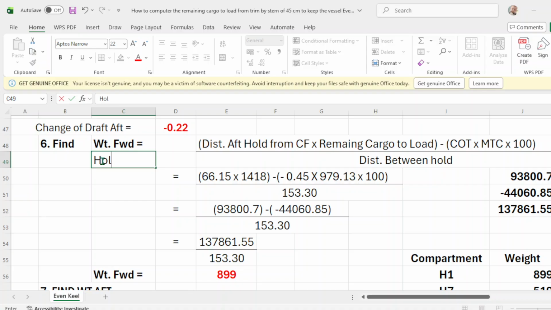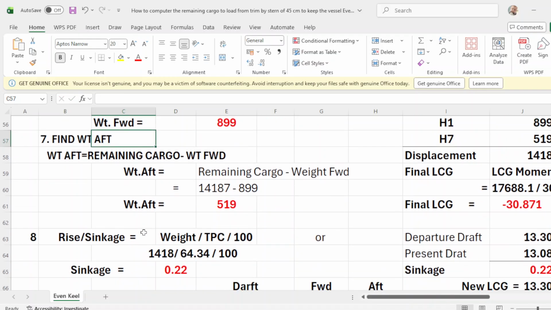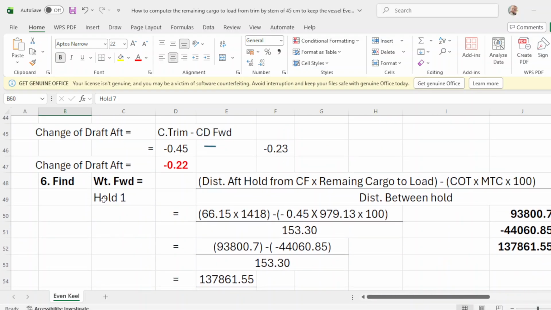Aft part will be hold 7. Okay, take note, this will be hold 7, and forward part will be hold number 1, so you will not get confused.